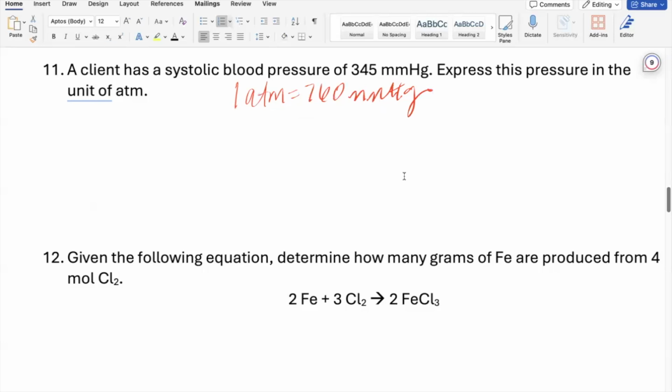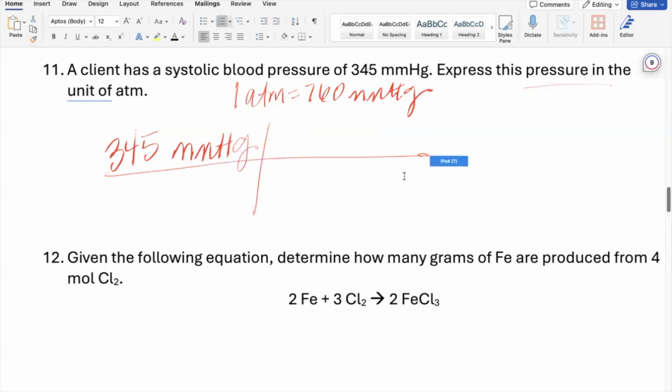A client has a systolic blood pressure of 345 millimeters mercury, and we want to express this pressure in the unit of ATM. So we start with our given, 345 millimeters mercury.